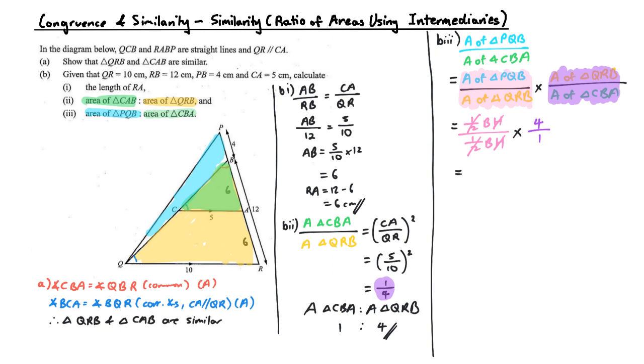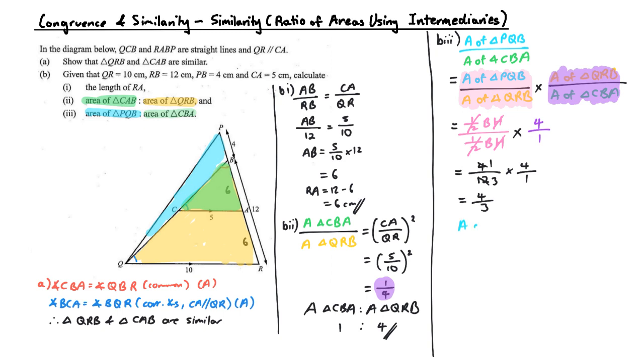Now, if we go back to the left side, the base of PQB will be 4, and the base of QRB will be 12. And this is 4 over 1. So you cancel this, combine them together, 4 over 3. And there you have it.